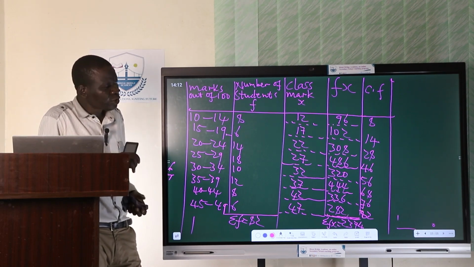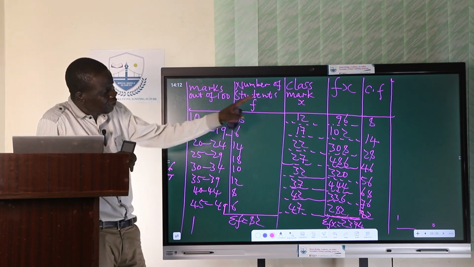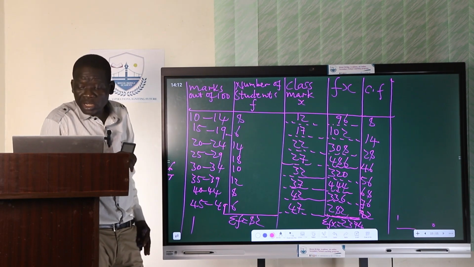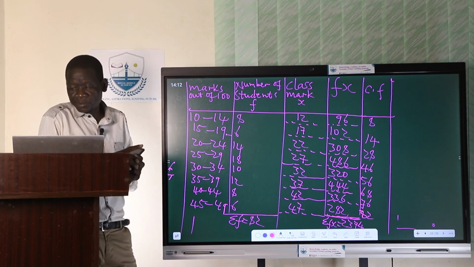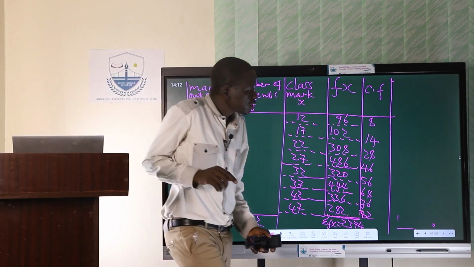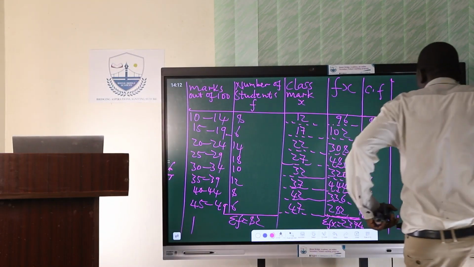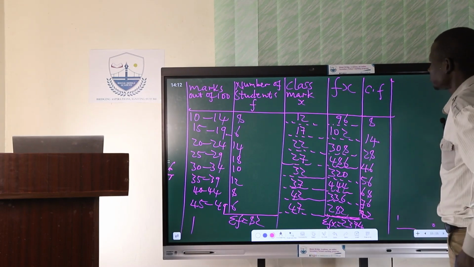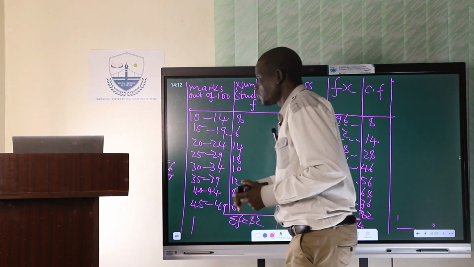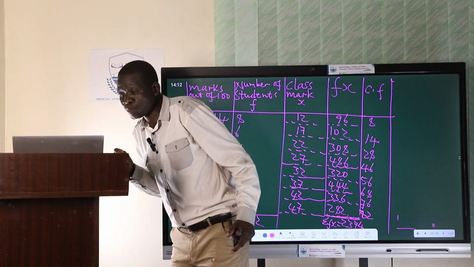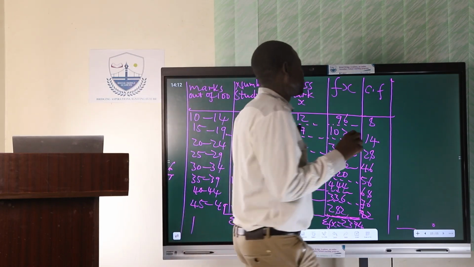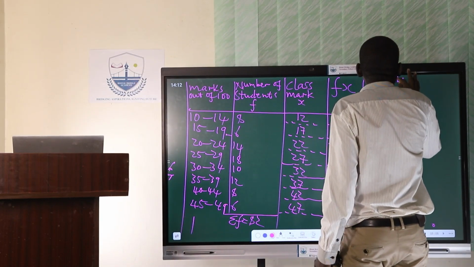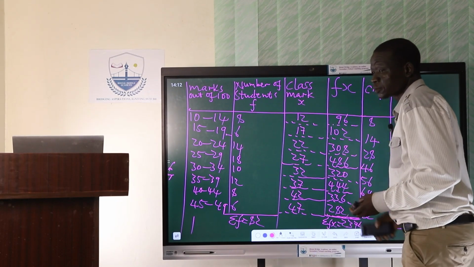Then they want us to use this cumulative frequency table to calculate the median. So let's now calculate the median. To find the median, this is what we do. We use the formula.